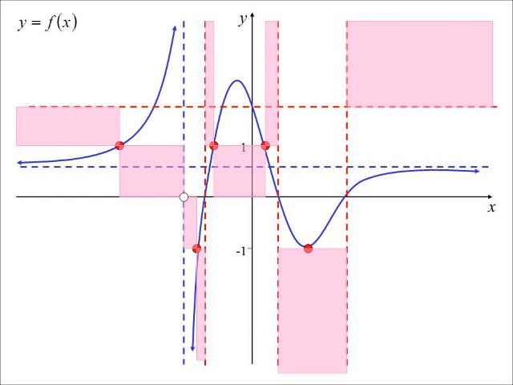Therefore, when I turn upside down, it must be above 1. But again, it's got to stay negative. Then from that point to our vertical asymptote here, it's above negative 1. Turn upside down, it must go below negative 1. And I keep doing that for each of those sections, and I can work out where the curve is going to travel.